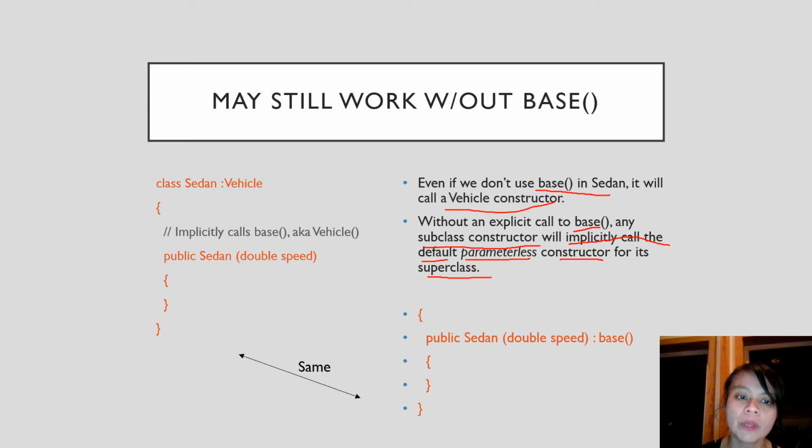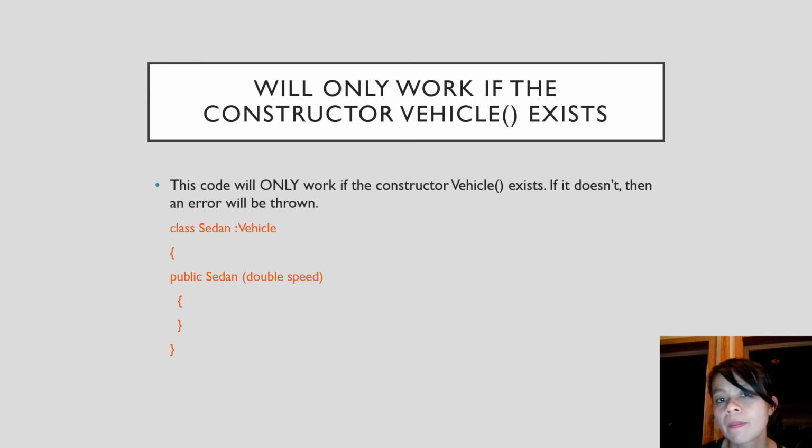So you can write it like this as well, public sedan and then double speed, which is the same thing. But this code will only work if the constructor vehicle exists. If it doesn't exist though, an error will be thrown.